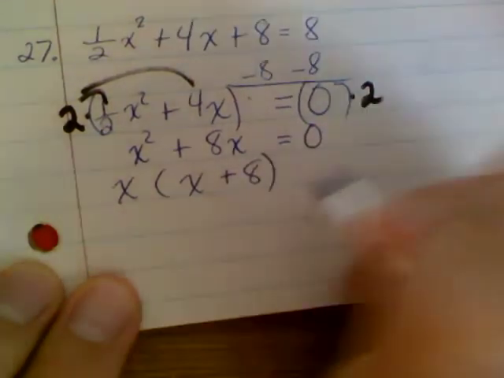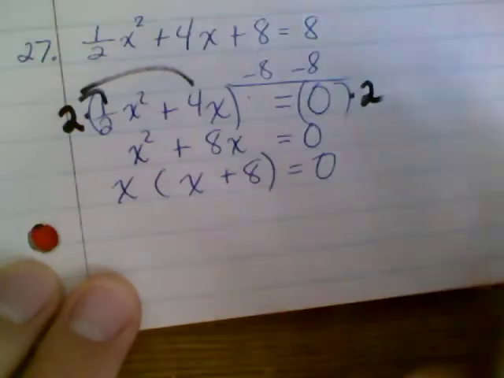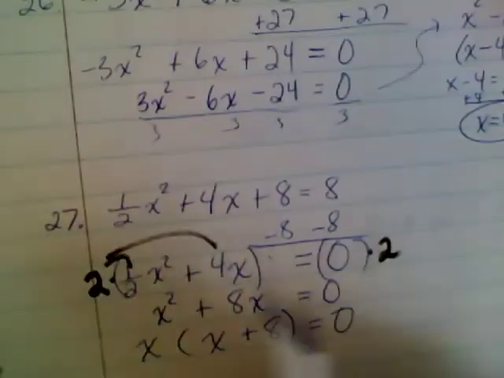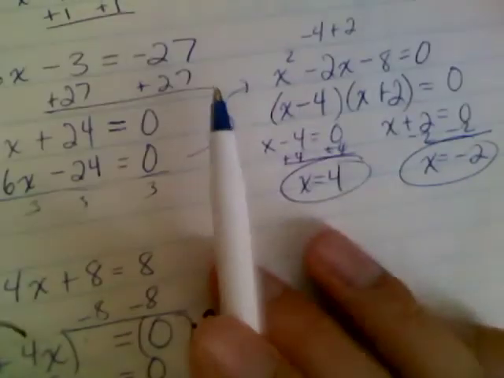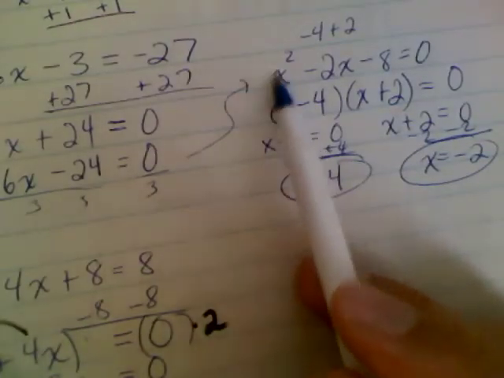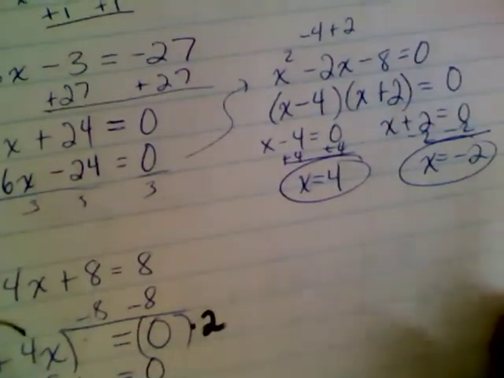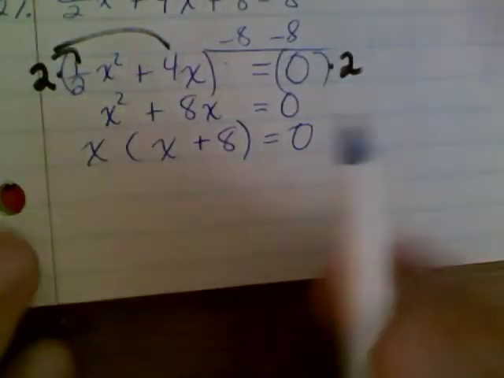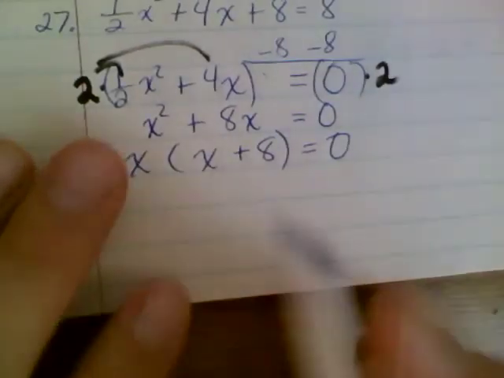And it would have been accurate for me to write it like this in the previous question. In other words, I could have just written a 3 out front and written 3 parentheses x squared minus 2x minus 8.